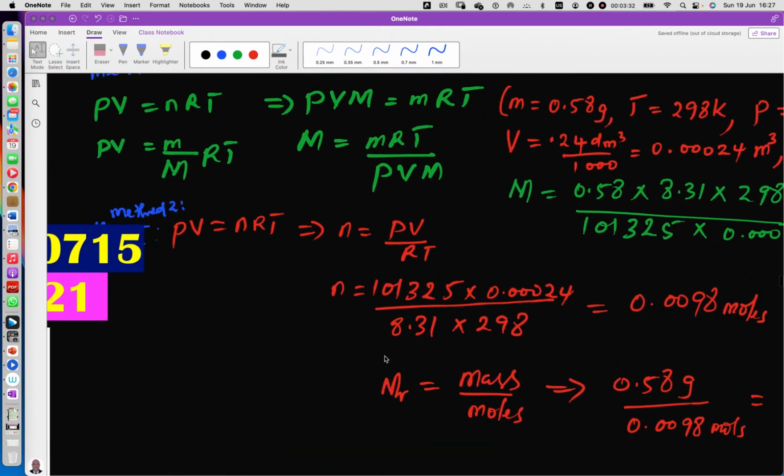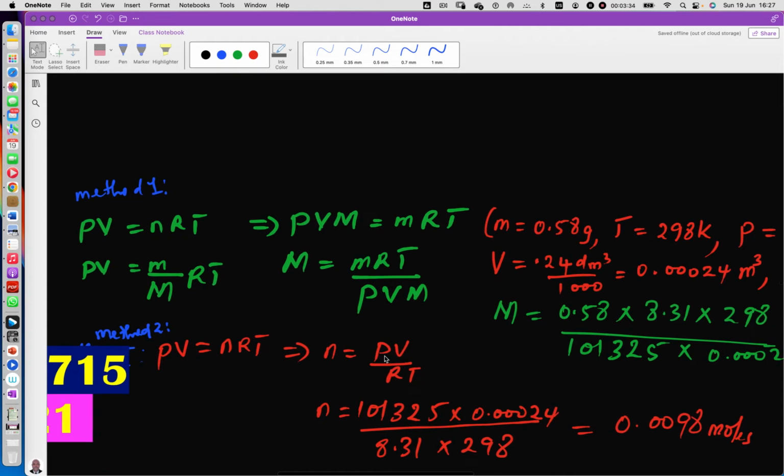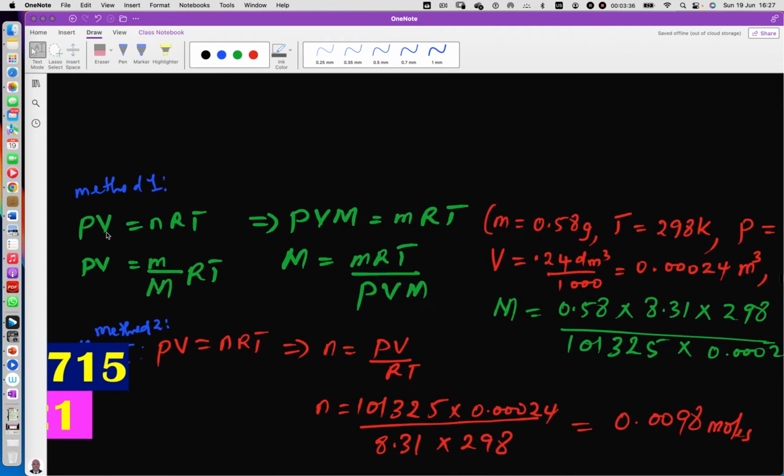For what I've just done here, I said you have to use the ideal gas equation, PV equals nRT, and in this case we are looking for the molar mass. We are looking for capital M. PV equals small m, that is the mass, divided by the molar mass, times the gas constant times the temperature, where n is the number of moles.